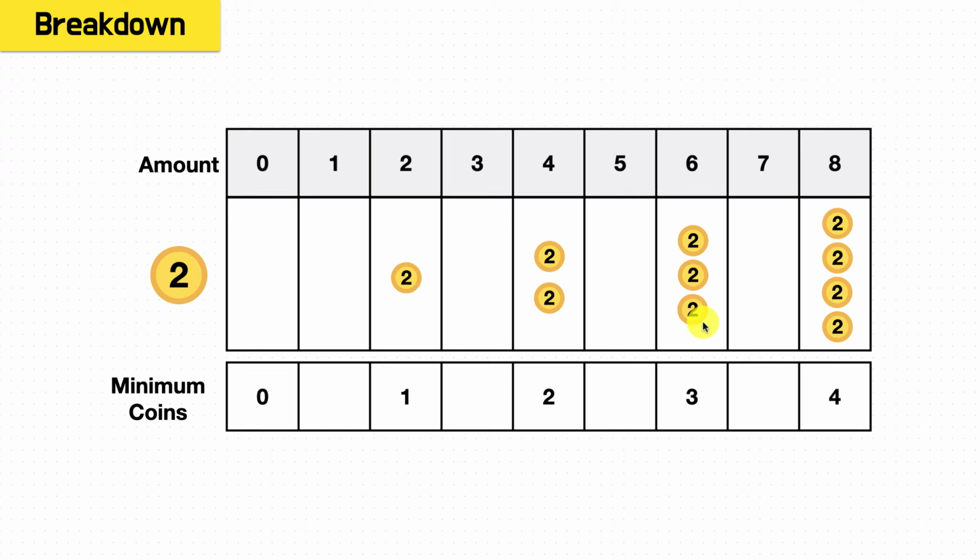To get to 6, it's 2 plus 2 plus 2, so the smallest number of coins to reach this spot is 3. Then to reach 8, it's 2 plus 2 plus 2, or 3 coins, plus 2 is 4. So the smallest number of coins to reach 8 is 4.